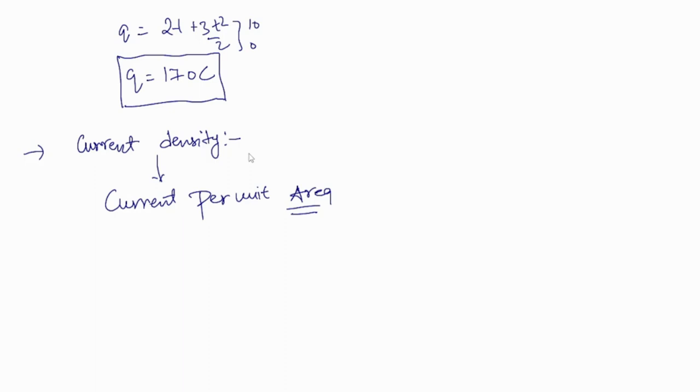This current per unit area is actually not a complete definition. The complete definition is current per unit area surrounding that point, where the area is normal to the direction of charge flow.